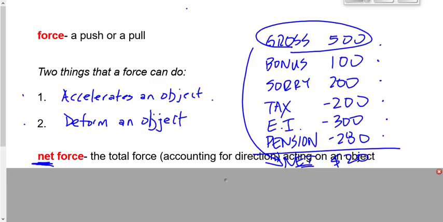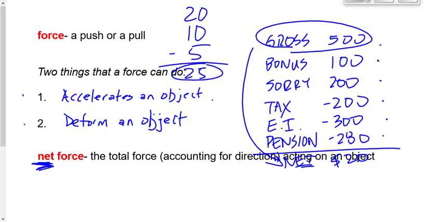We had 20 newtons to the right, 10 newtons to the right, and we had 5 newtons to the left. We add those together, and we end up getting a net force of 25 newtons to the right on Rachel's desk. Does that make sense? The net force is the total after we account for all of the positives and all of the negatives involved. Net is always total. In the context of force, the total force.